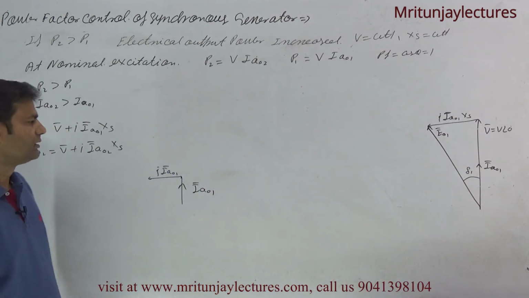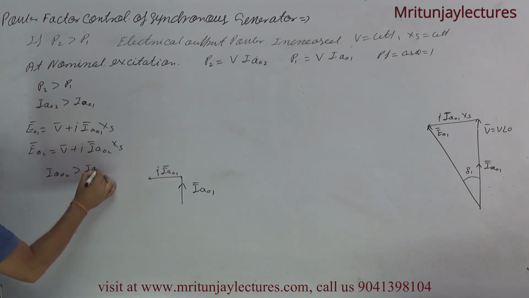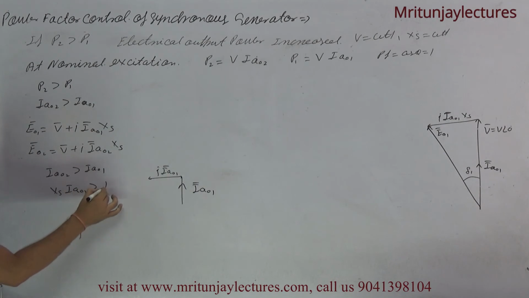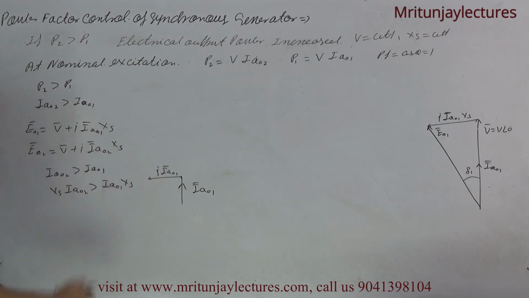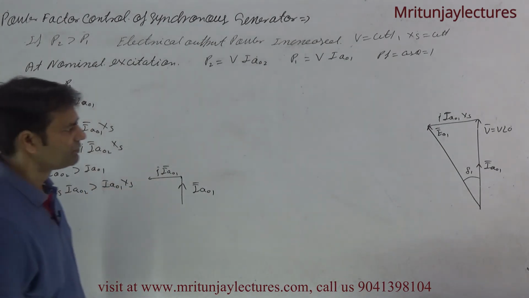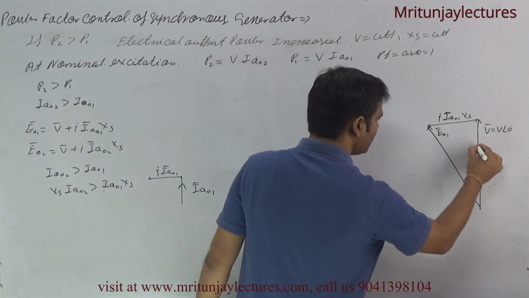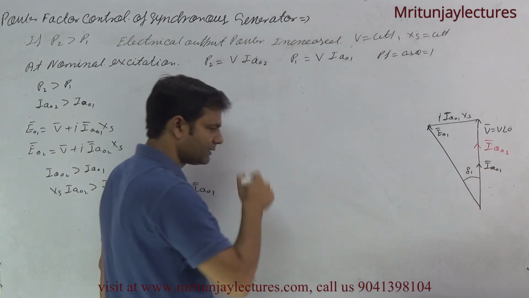Clear? Now corresponding to this one, I know that IA02 is greater than IA01. Clear? So this magnitude is greater than this magnitude. That is IA02, this current is greater than this current.